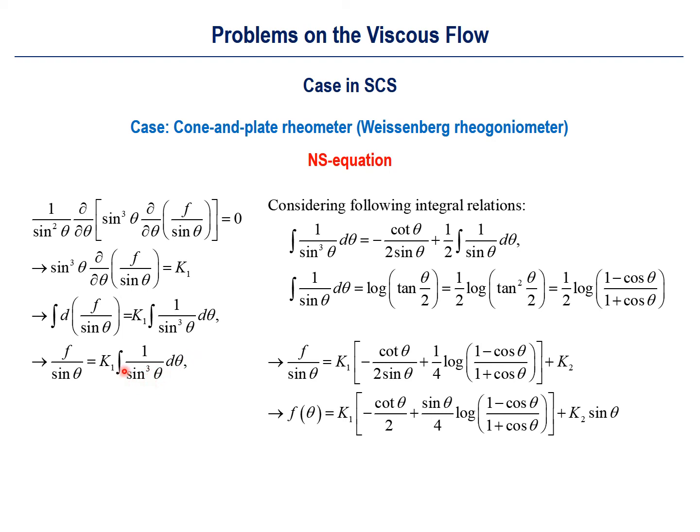It is important to know how we can make this kind of integration, such as 1 over sine cubed here. There are some good formulas to understand this integration of 1 over sine cubed and 1 over sine theta. Using these mathematical relationships, it is possible to calculate this integral function.